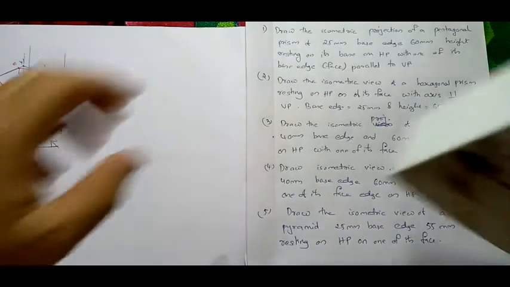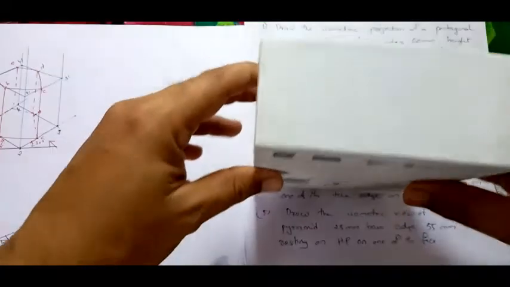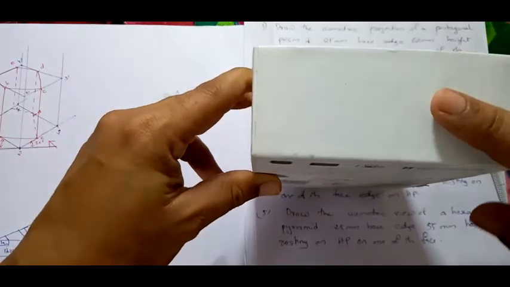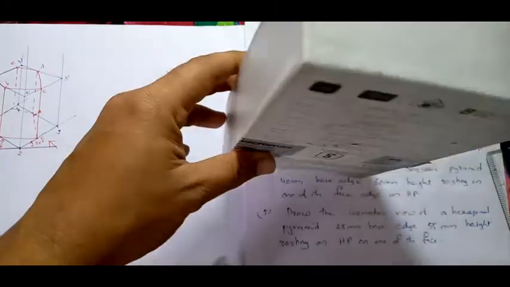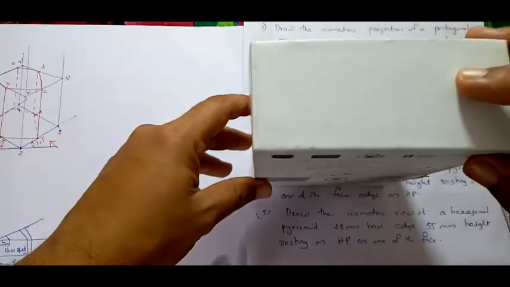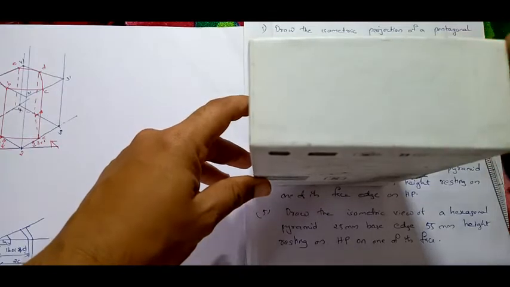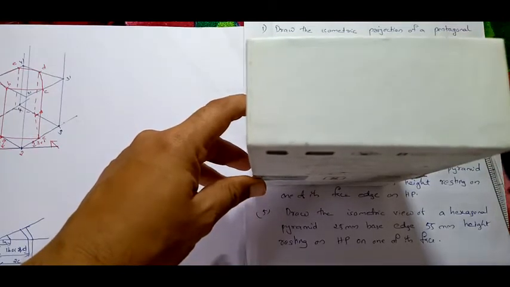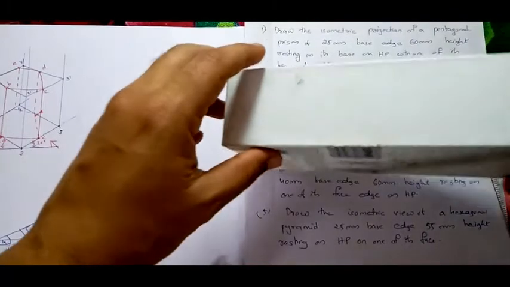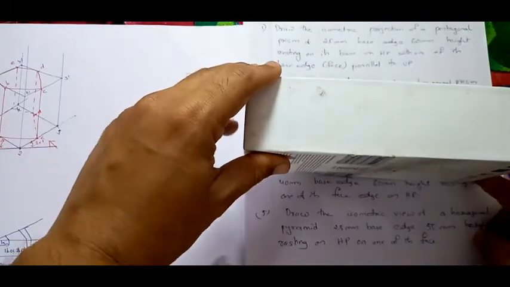See what I'm going to tell is, it's a rectangle prism, right? Now it is resting on its base on HP. If its hexagon is here, I can rotate in two ways in order to obtain the face on HP. We will be rotating like this and making the face on HP.